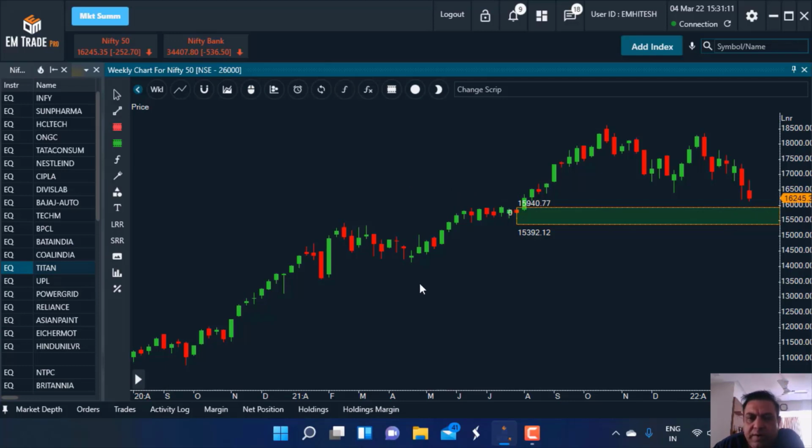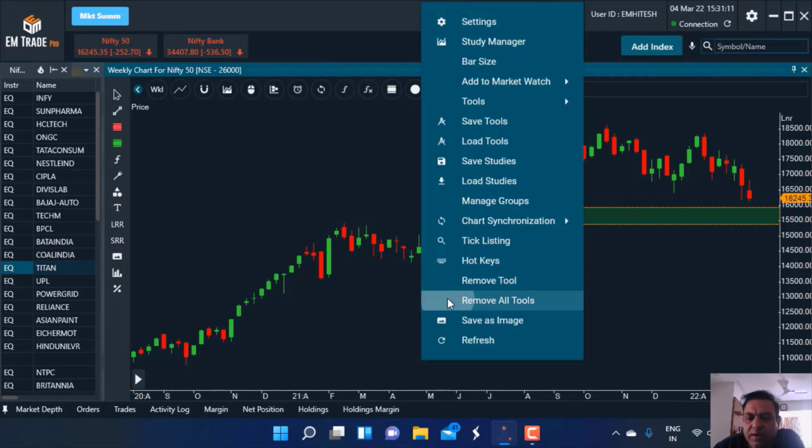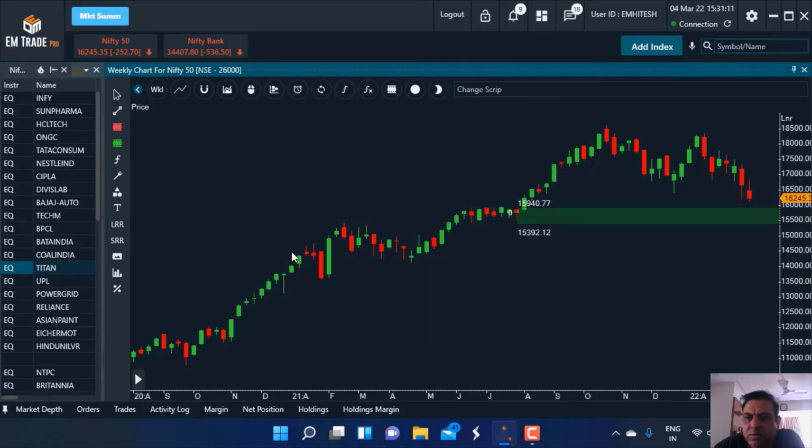So, given the context in which the market is trading and where momentum is clearly on the sell side, we do expect prices to touch down around the 16,000 odd mark, or even if it breaks that, we can see prices declining to 15,400. So traders should keep this support in mind, which was the origin of this leg up.